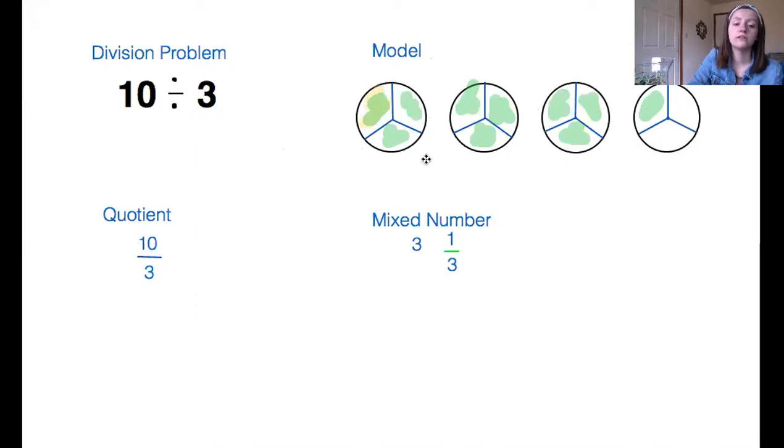After we do that, once again, to find the mixed number, we have to count how many whole circles are shaded, which here is 3, right? 1, 2, and 3. And then 1 out of the 3 pieces of this circle is shaded. So that's how I got my 1/3. So this is what your answers for that second problem on day 2 are going to look like.